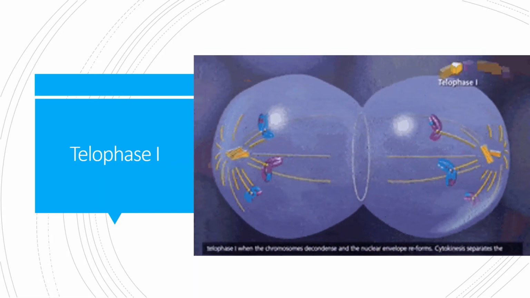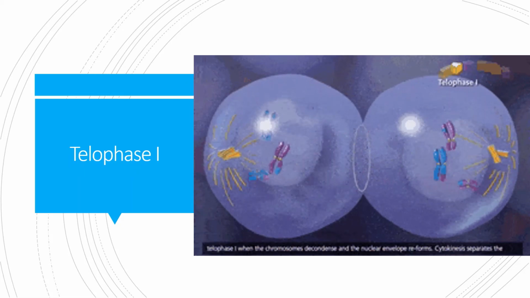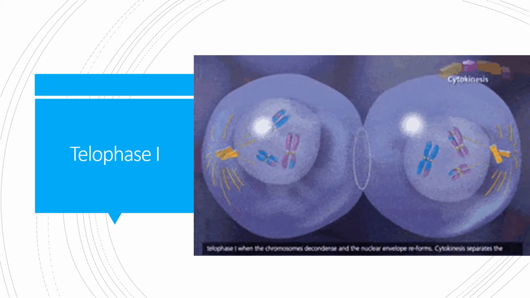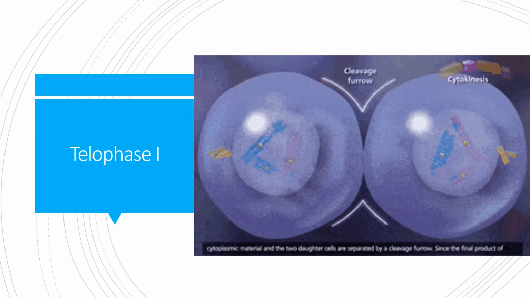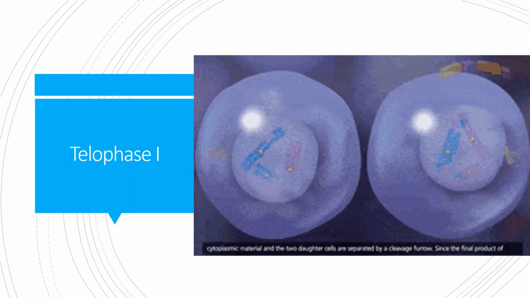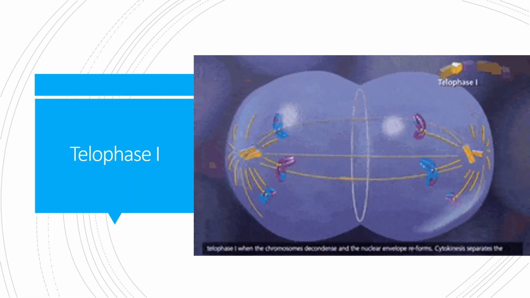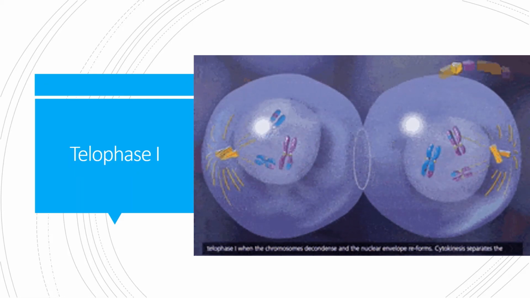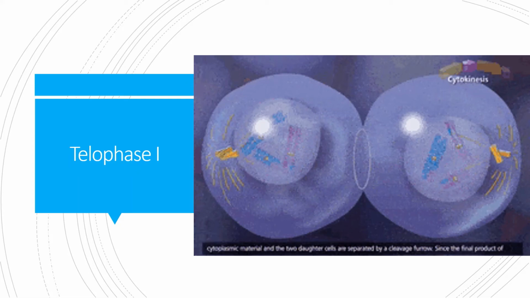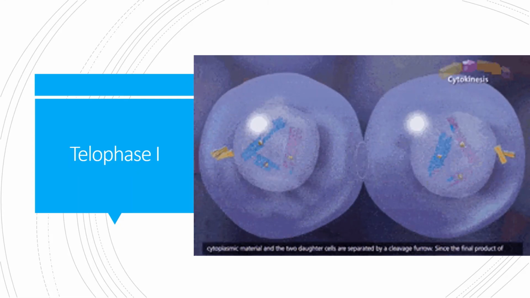Then in telophase 1, new nuclear membranes form around those chromosomes, and they're almost ready to split with cytokinesis, which you can see in the GIF as well happening there. But again, remember, cytokinesis is technically not a part of mitosis or meiosis. Mitosis and meiosis are all about the nucleus splitting and dividing.